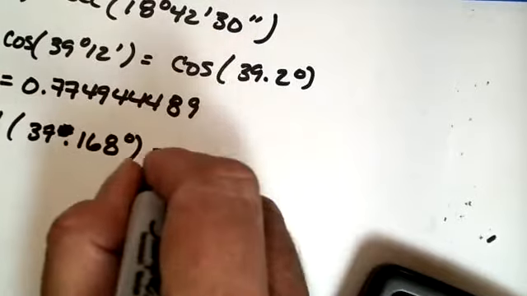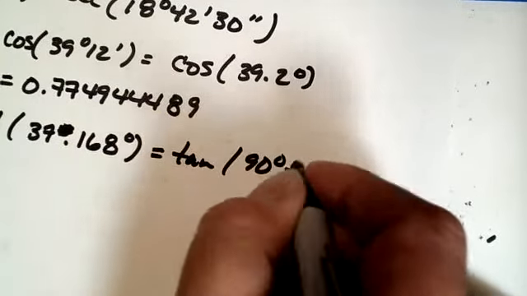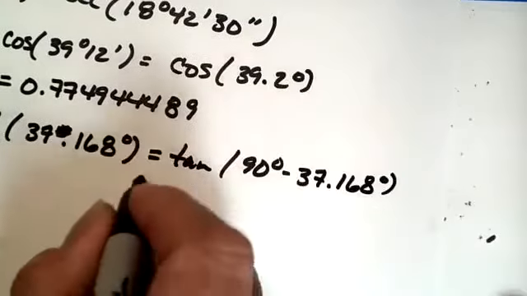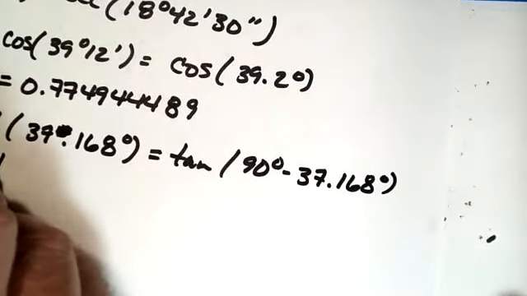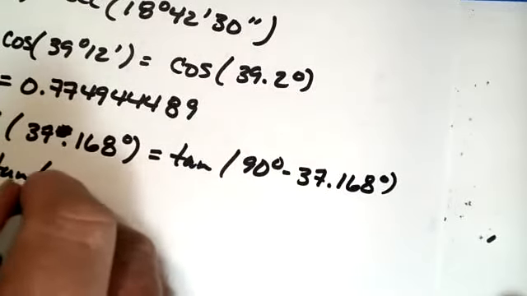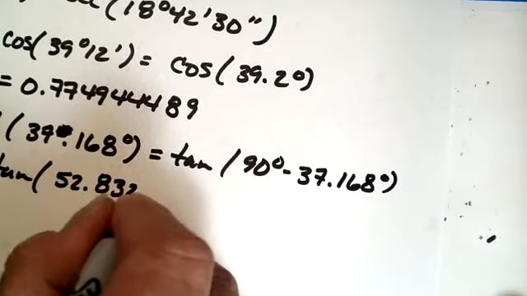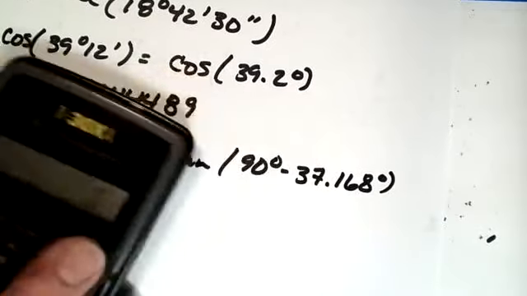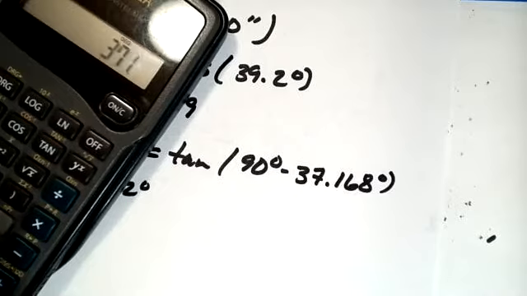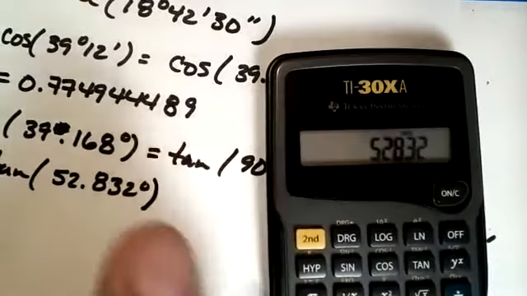So in this case, cotangent of 37.168 degrees is equal to tangent of 90 degrees minus 37.168 degrees, which is simply equal to the tangent of, what's that? That's going to be 52.832. I'm going to check my mental math there. So 90 minus 37.168, yeah, 52.832.